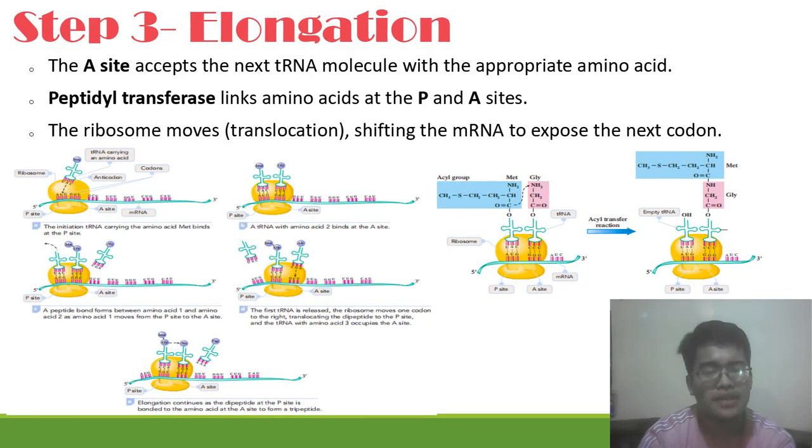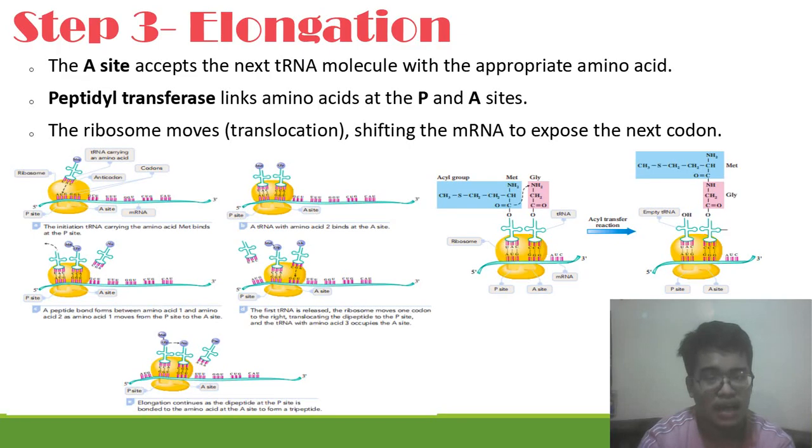So now a repetitive process begins. The third codon now at the A site accepts an incoming tRNA with its accompanying amino acid. Then the entire dipeptide at the P site is transferred and bonded to the A site amino acid to give a tripeptide. The empty tRNA at the P site is released.